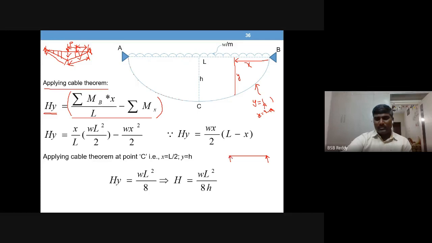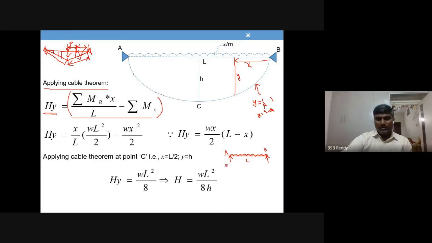So there is a UDL, this is L, this is A, this is B. If you take moments about B, what do you have? Sum of all moments about B. So this is point B.